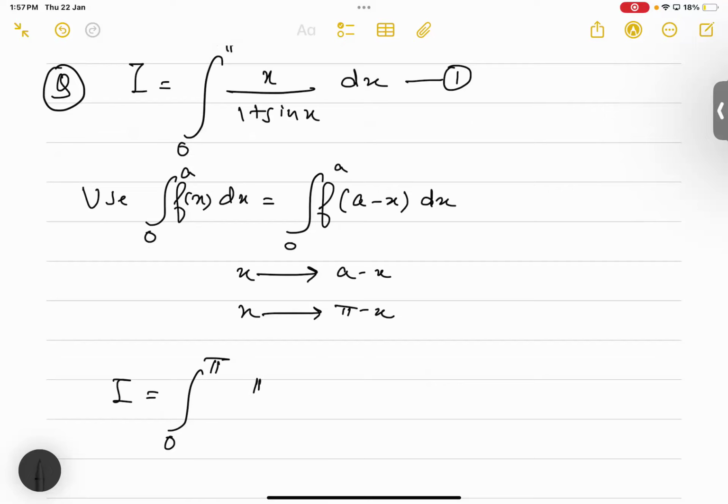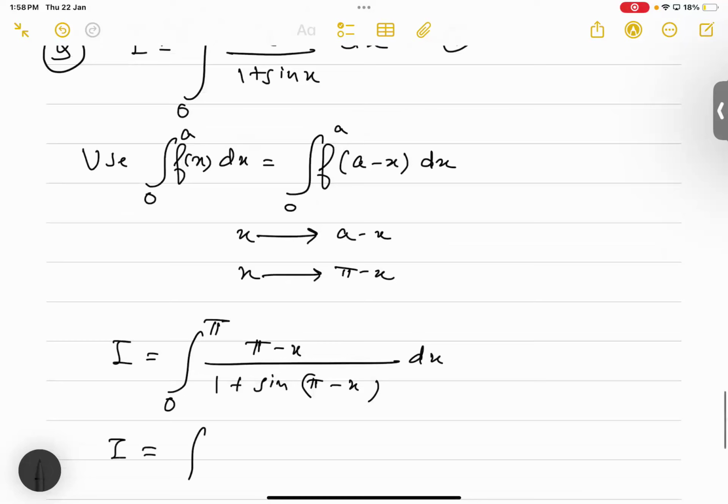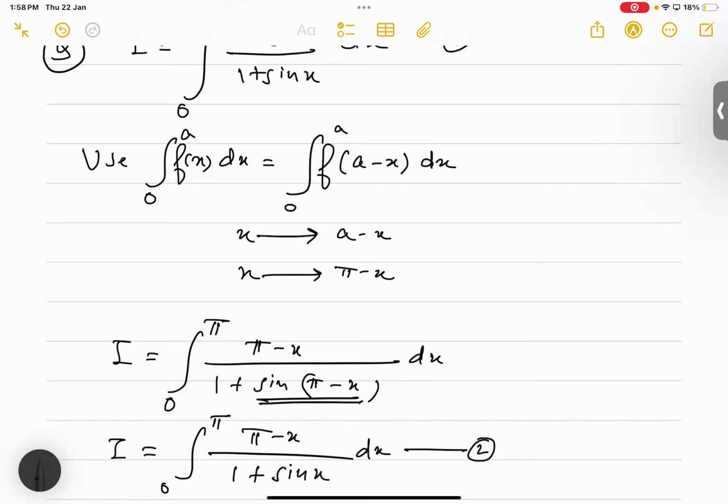Zero to pi, pi minus x upon 1 plus sin x, equation number 2. Guys, what is sin pi minus x? Sin x. You should know that.